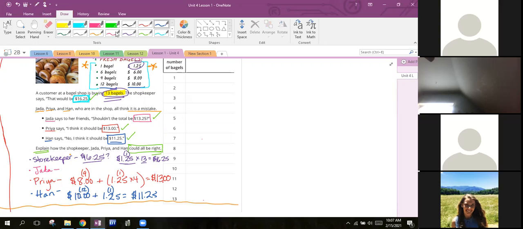All right, and what about Jada? Can anyone figure out Jada's? It was $13.25. How did she get that price?